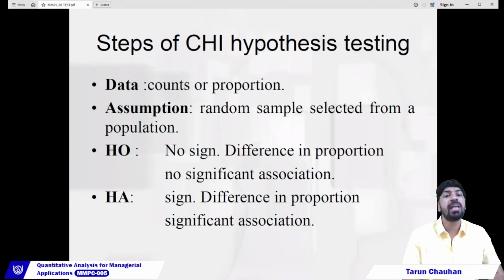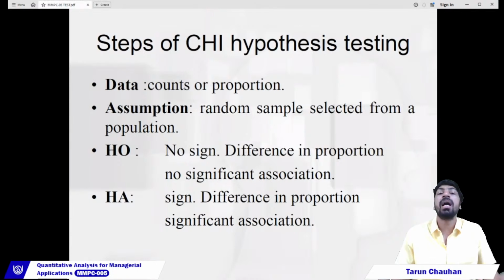So first one is data, which is measured on counts like frequencies or any proportion. Second, a researcher has to assume that there is a random sample selected from a population. There are two hypotheses, and a researcher can count on either of them: the null hypothesis and the alternate hypothesis. The null means no relation, no difference, no association.